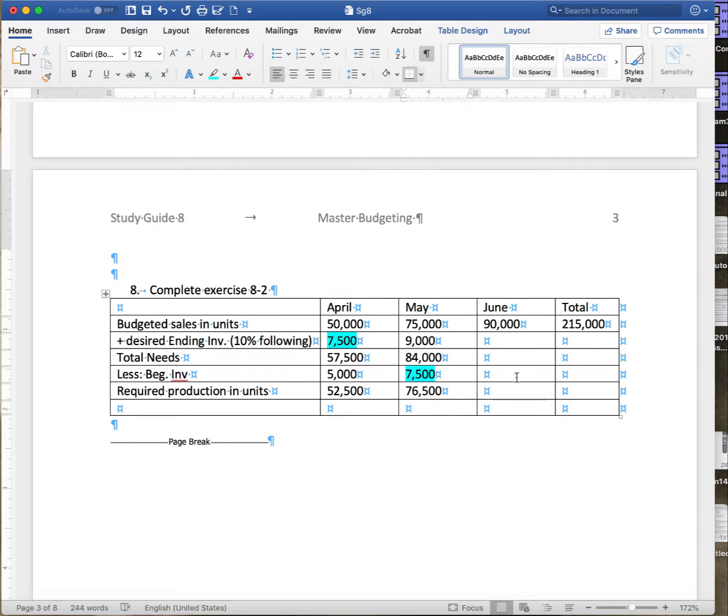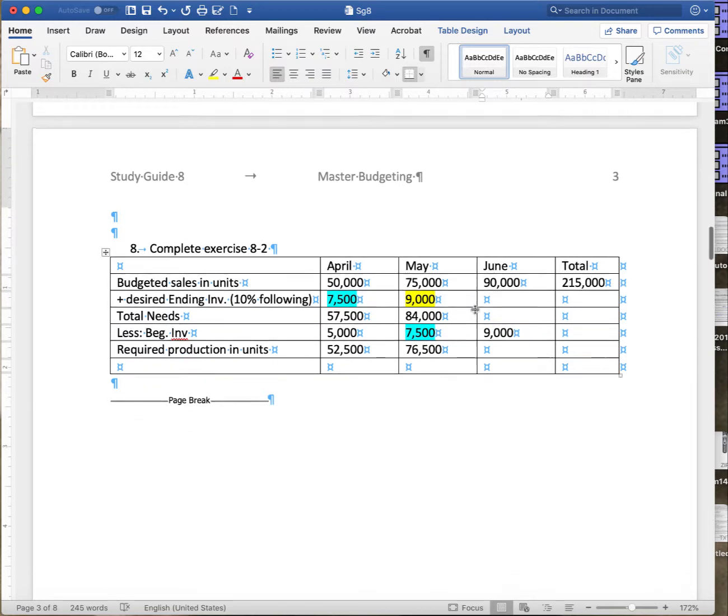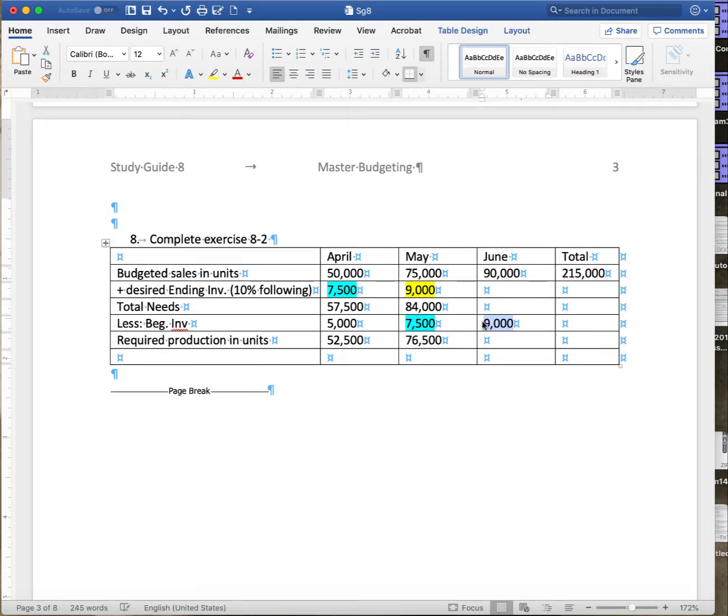Okay, let's go to June. In June, right off the bat, what's my beginning inventory? In May, I ended the month with 9,000. That must mean that I start June with 9,000 units. Again, I'm just color coding these to show how they carry over. So we're at June. What's my desired ending inventory?